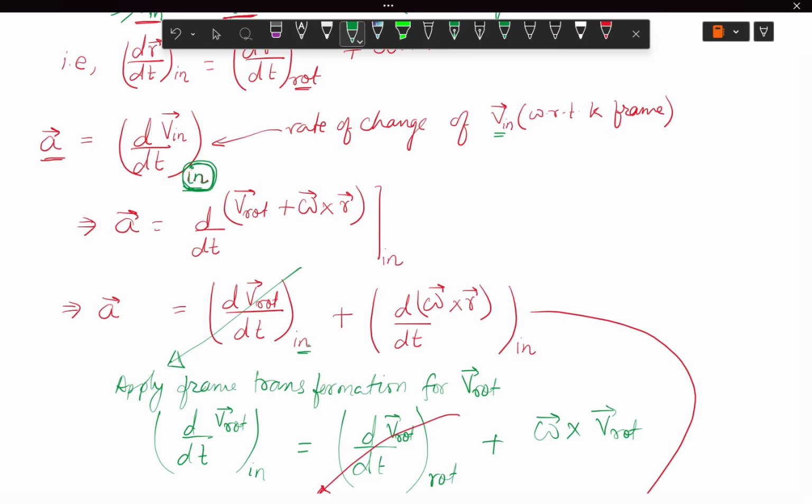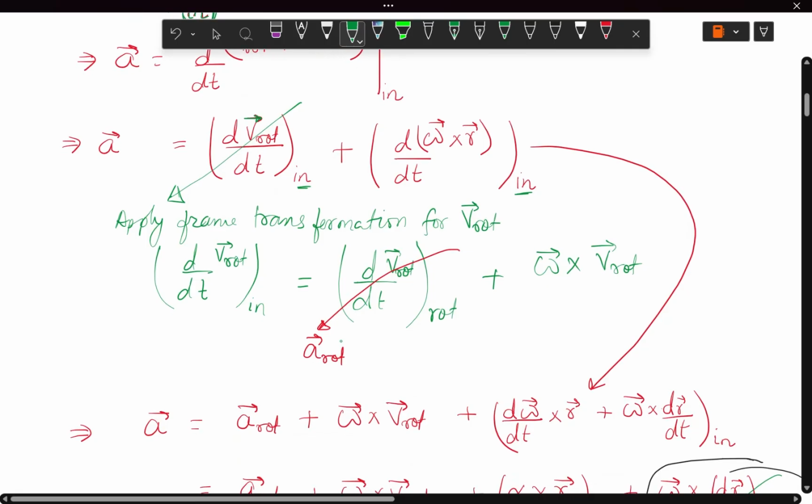So the derivative is taken with respect to the inertial observer, and V_rot is the velocity as observed with respect to the rotating observer. Okay. And then plus d by dt of, I'm writing it separately, omega cross r with respect to the inertial observer. So basically the derivative is taken with respect to the inertial observer.